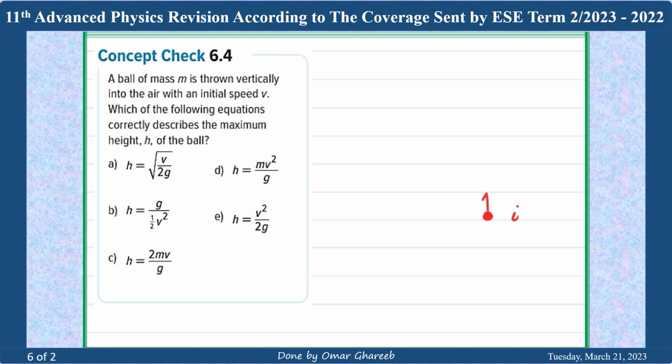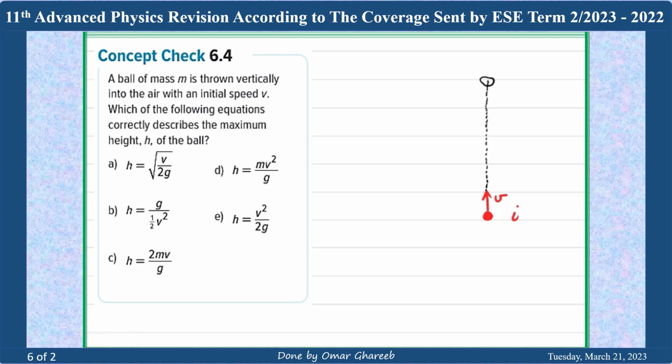We throw it up with a velocity v upward. The ball will go up, and as it goes up, the speed decreases. That means the kinetic energy is decreasing, and the potential energy will increase until the ball comes to the highest point.